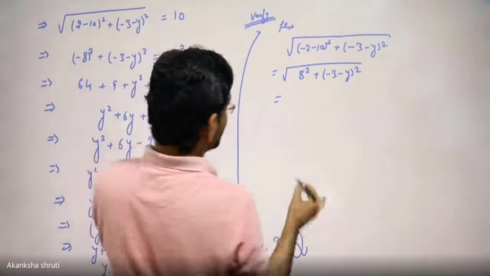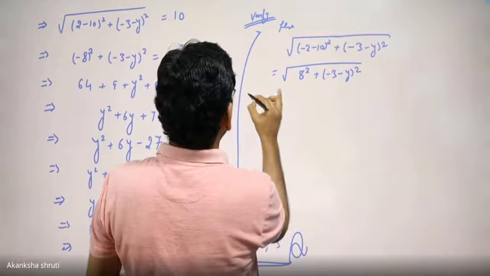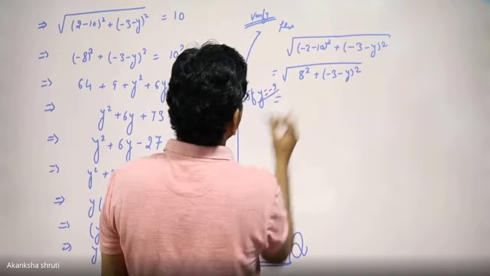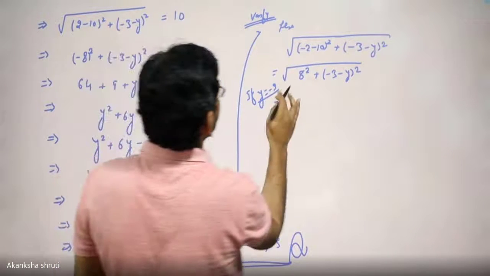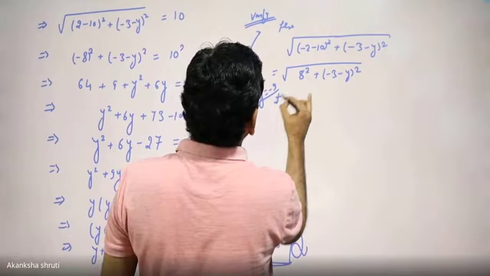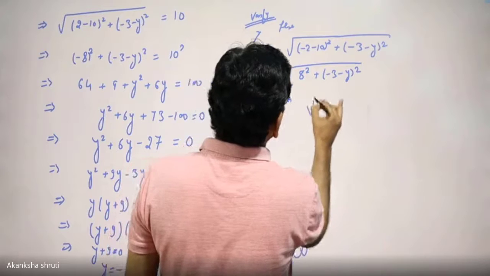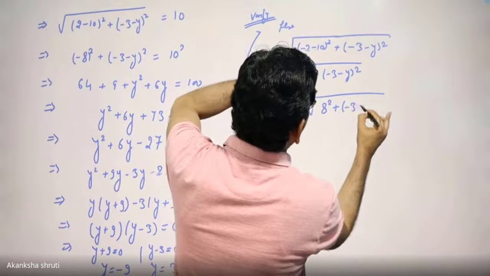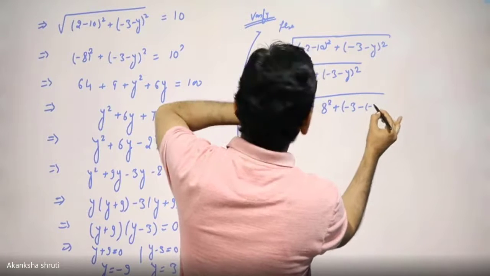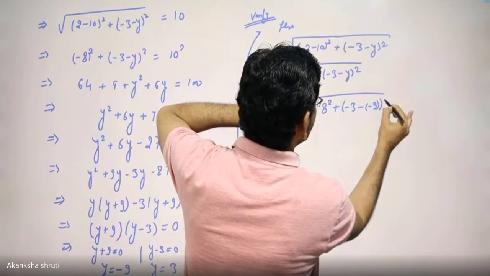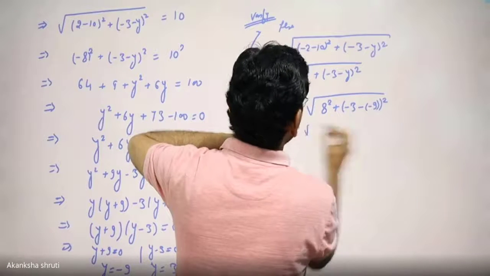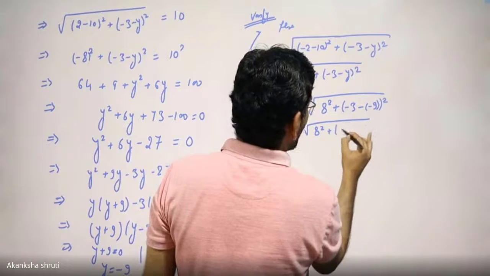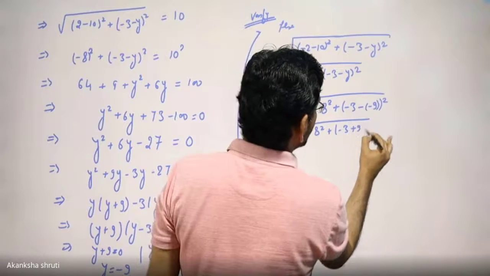If I am taking this minus 9, means what? If y is minus 9, then how much is this value? Then it becomes the under root of 8 square plus minus 3 minus of minus 9. Be careful while substituting the value. Students, it is like 8 square plus minus 3 plus 9 square.